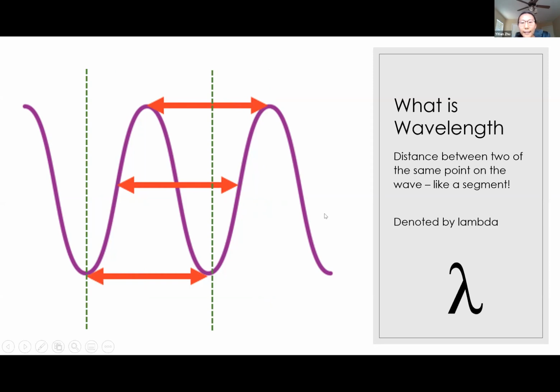Also, wavelength is denoted by the Greek letter lambda, and it looks like an upside down Y. You can see it in the bottom right corner of the screen. And also it's in the units of meters. So it's in units of length, right? Like in meters or millimeters or centimeters or nanometers.